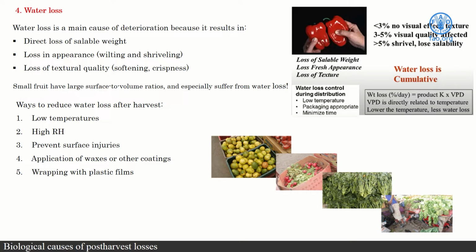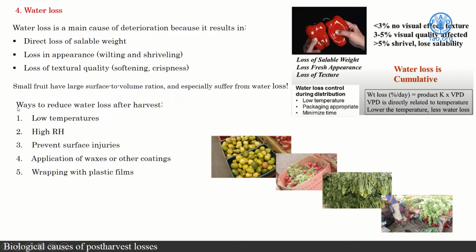While main causes of fruit loss are mechanical damage, maturity, either immature or mature, poor ripening, softening or texture loss, water loss, chilling injury, and microbial growth. As you know, small fruits have large surface to volume ratios and especially suffer from water loss.